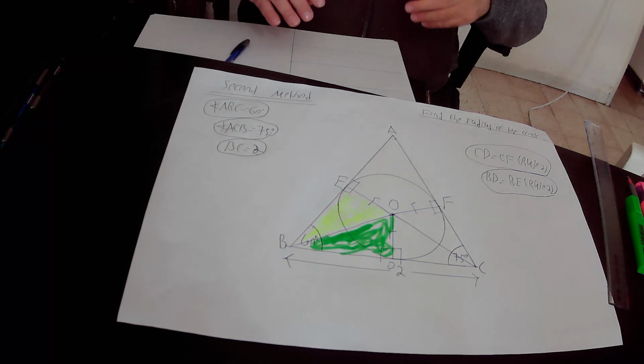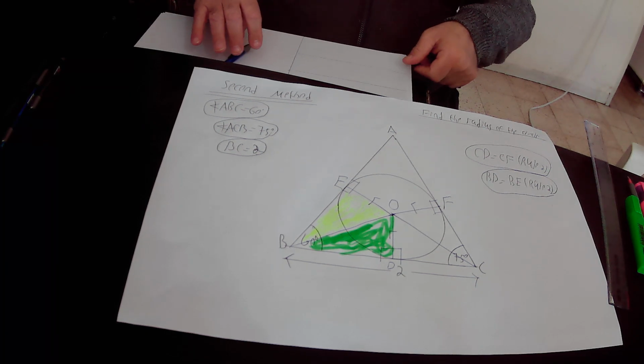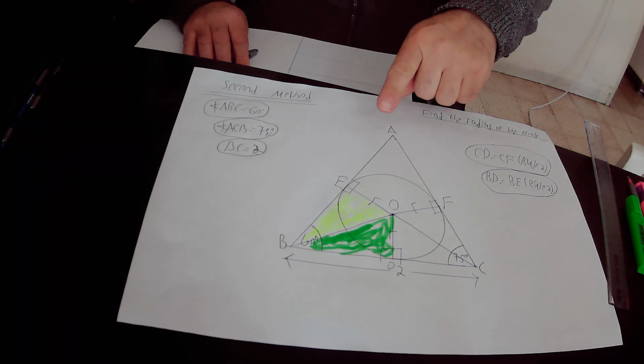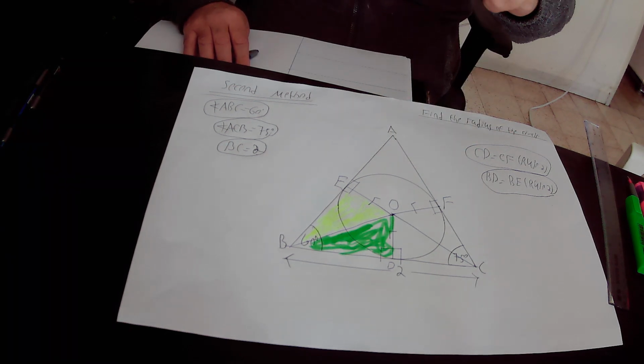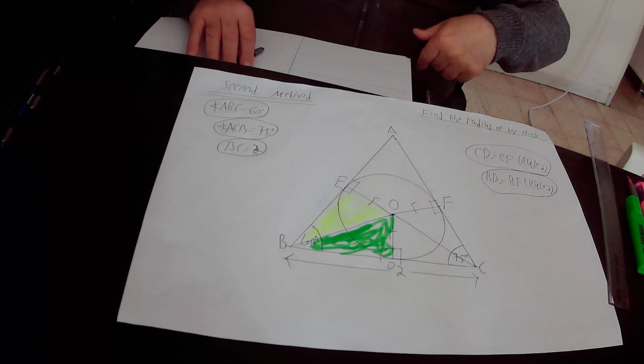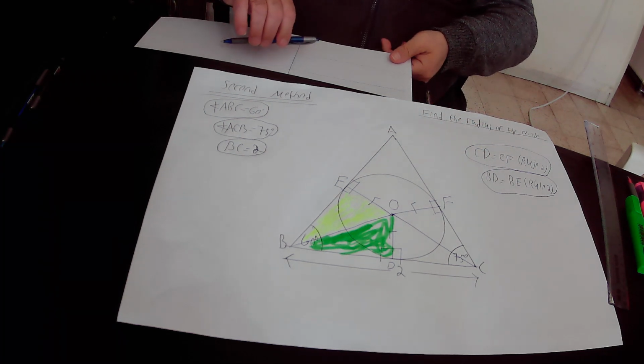So why is the yellow triangle congruent to the green triangle? First of all, side EO of the yellow triangle equals side OD of the green triangle. They are both the radii of the circle, therefore they are equal to each other.